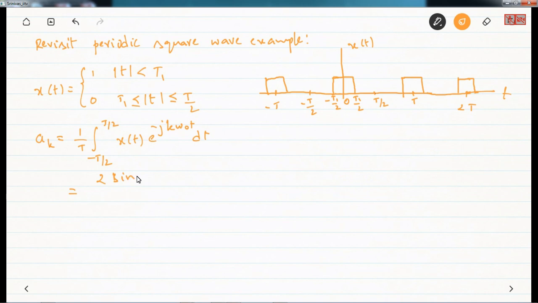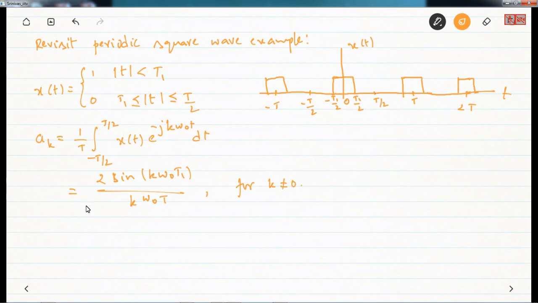It is equal to 2 sine k omega naught t1 divided by k omega naught T, for k not equal to 0. So till this point we did in the last class when we dealt with Fourier series.